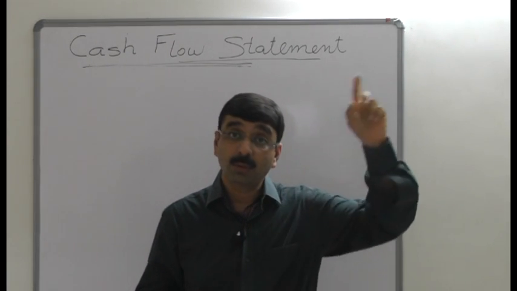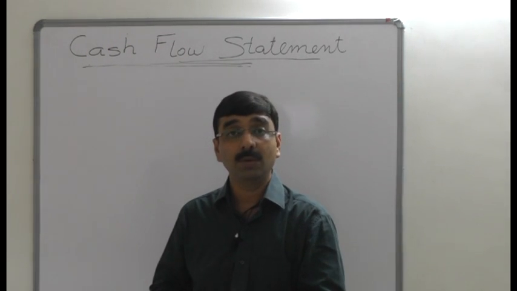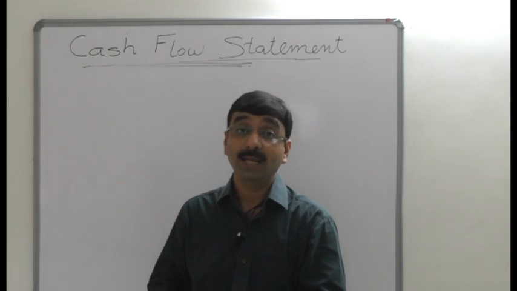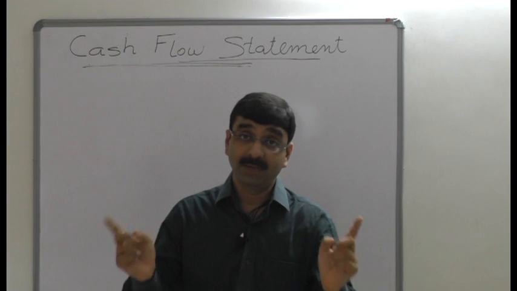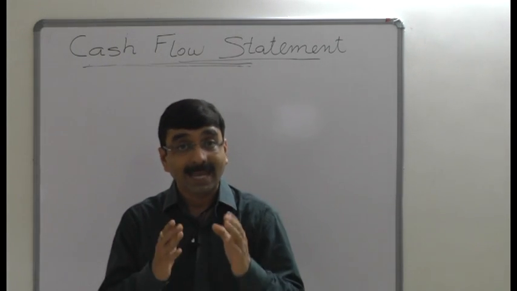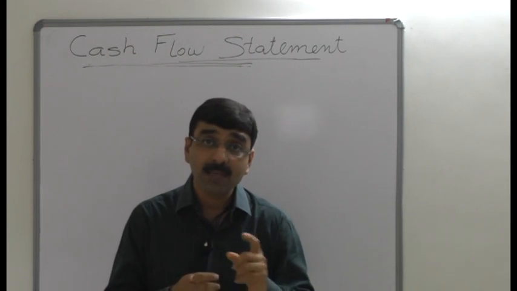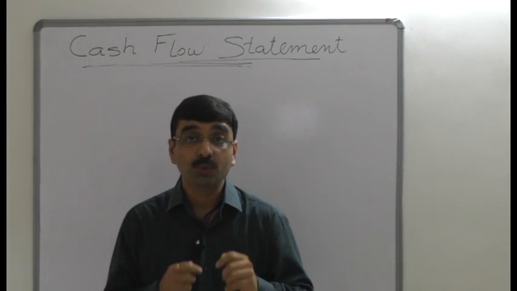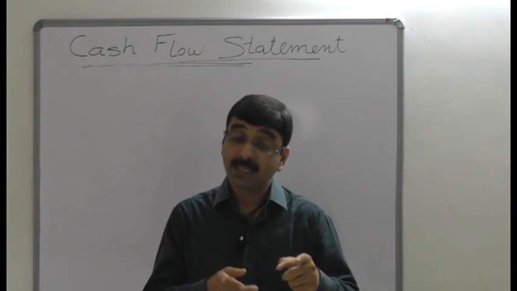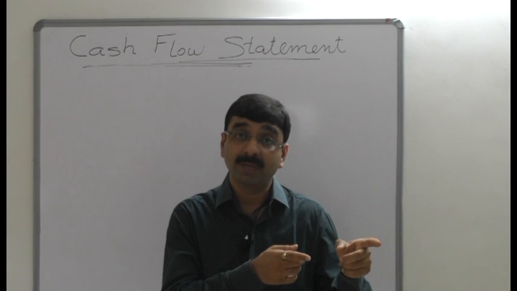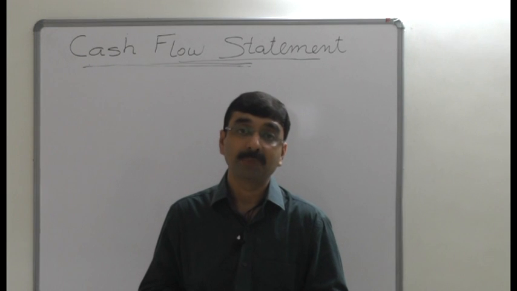So that means the amount of profit which was already calculated on the basis of the profit and loss account, and the amount of profit that has been realized and identified on the basis of the adjusted profit and loss account, the difference would be identified. Calculation of net profit on a cash basis is very important to assess the position of cash from all internal resources. That means whatever profitability is available on the basis of cash profit would be important for future planning.